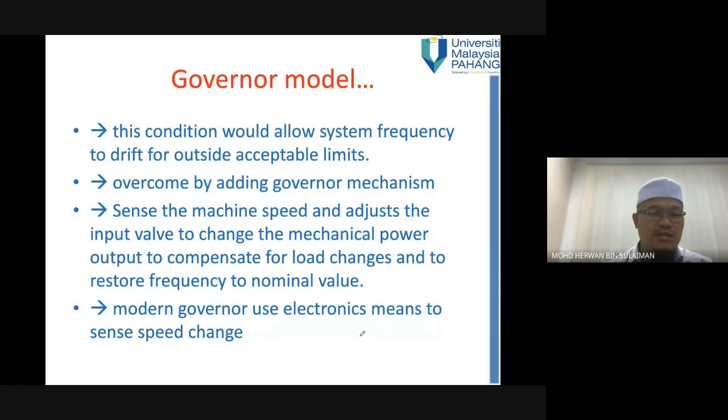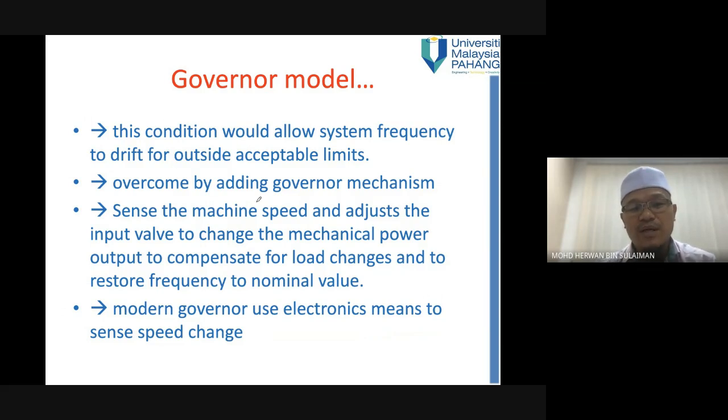So suddenly, for a certain amount of time, it varies in terms of the acceptable limit, but it cannot be prolonged. So that's why, when you suddenly have a heavy load, there is an auxiliary system that will cut off or make sure that your system is within specs so that it can protect our equipment.